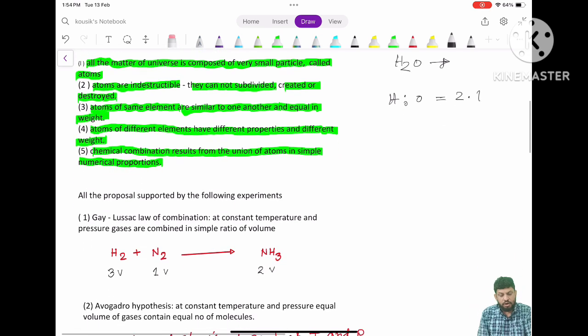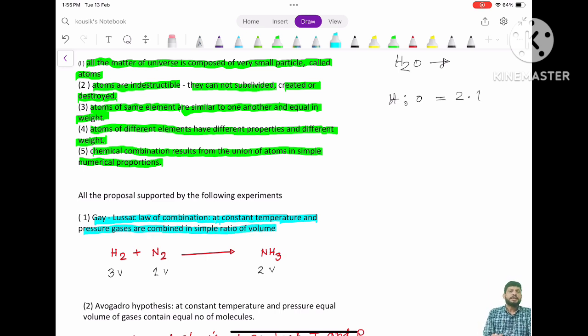Now, all these proposals are supported by different hypotheses and experimental facts. Let's see what they are. The first one is Gay-Lussac's law of combination. The statement: at constant temperature and pressure, gases combine in simple ratios of volume.